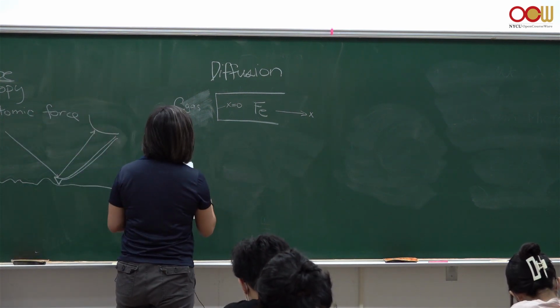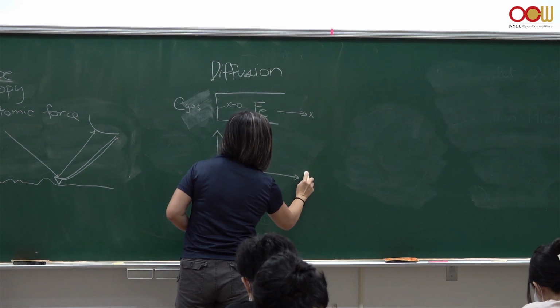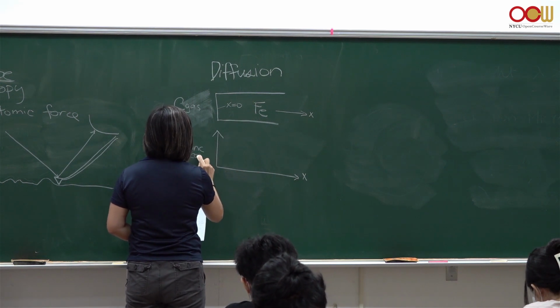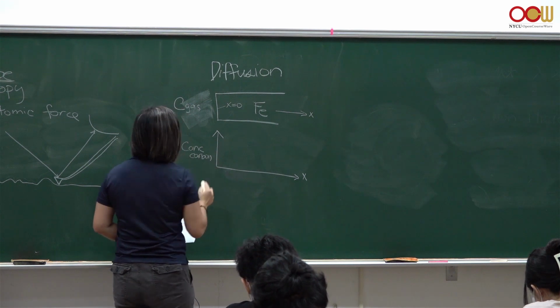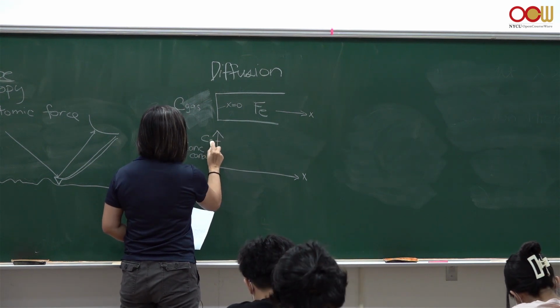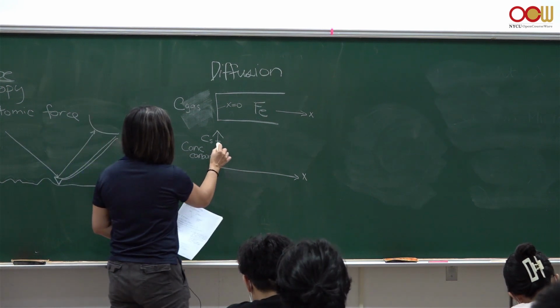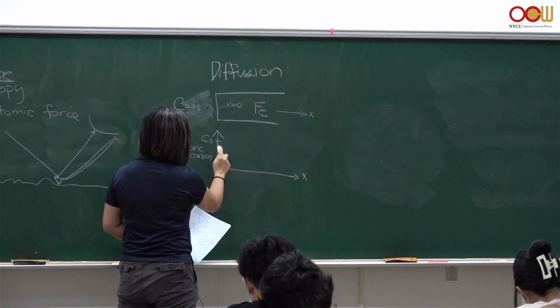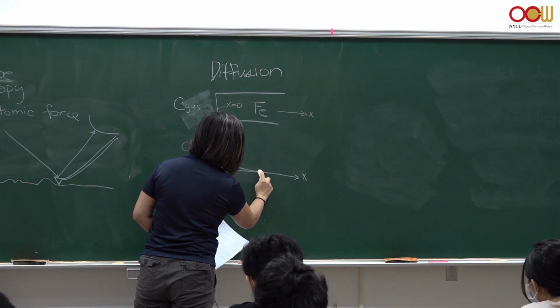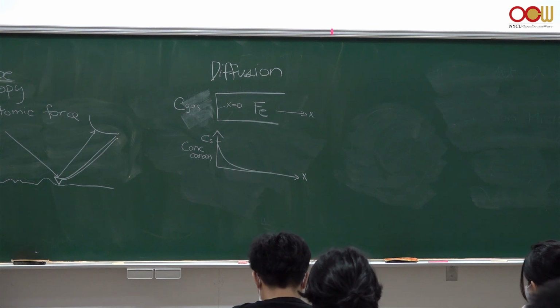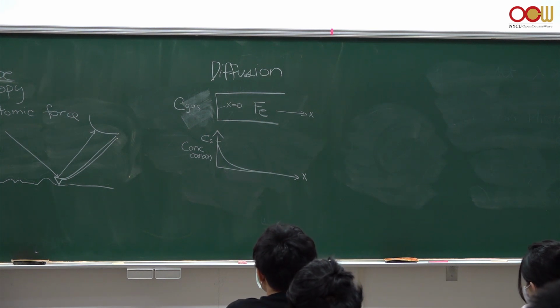So you could plot, this is x, this is concentration of carbon. And whatever is at the surface is the maximum. And then the amount of diffusion that goes in will look something like this. There might be a lot of carbon right at the surface, but as you go into that bar of material, it's going to become less and less.